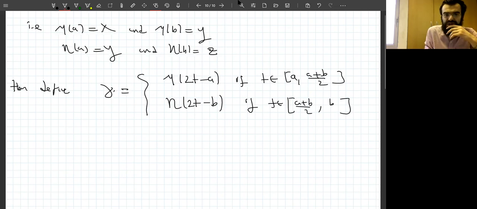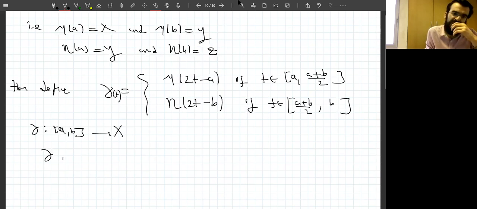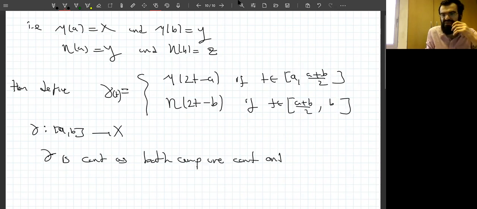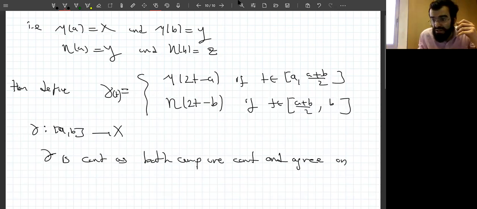So rho maps a b to X. Rho is continuous as both components are continuous and agree on t equals a plus b over 2.